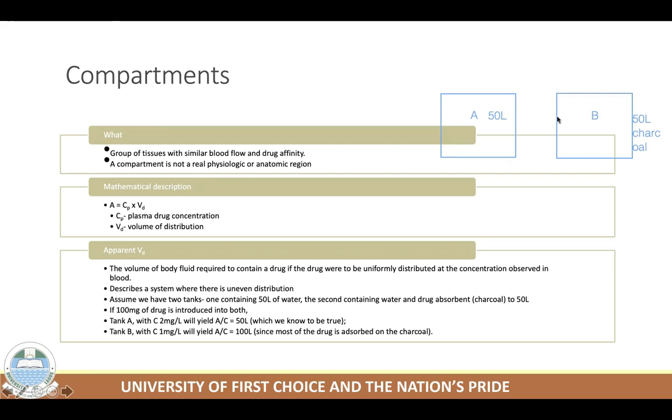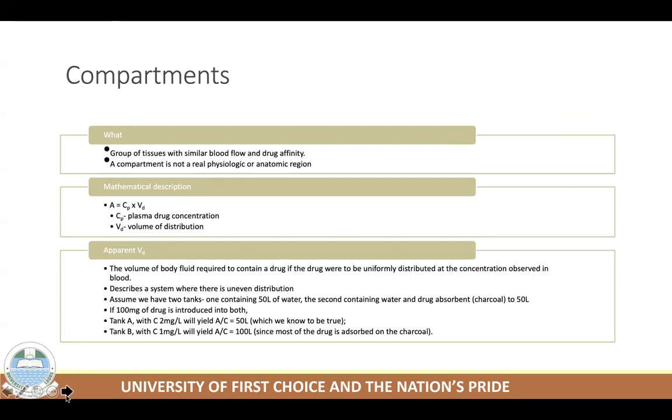So this is what happens. What we usually do is an estimate, and it is usually larger than the physical or actual volume of the plasma or the body or other tissue volume at that time. Okay.